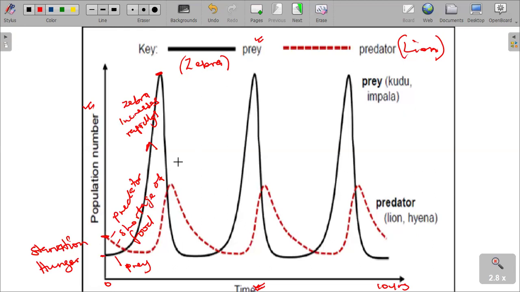The land has reached its optimum population, or its maximum carrying capacity.